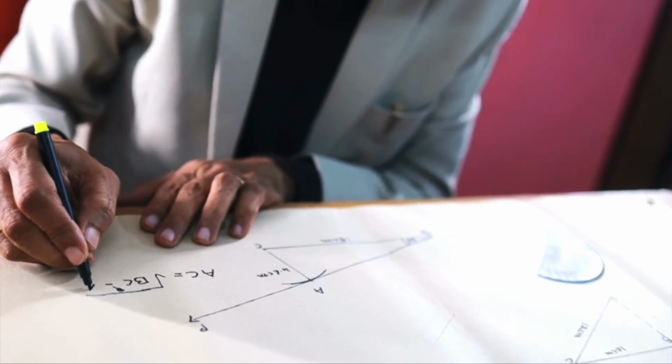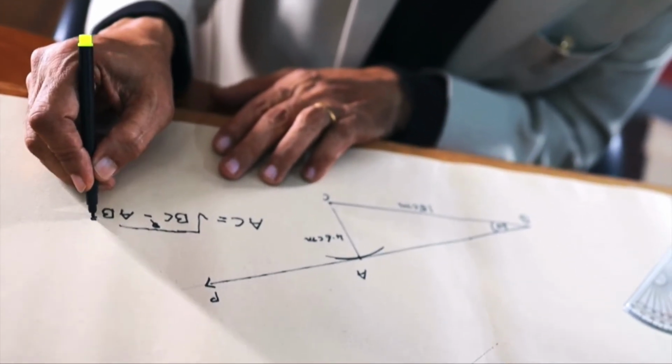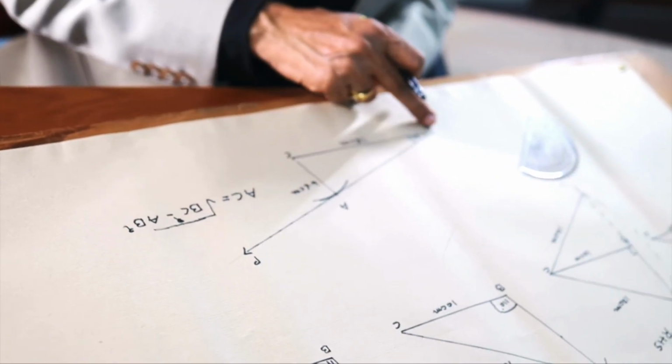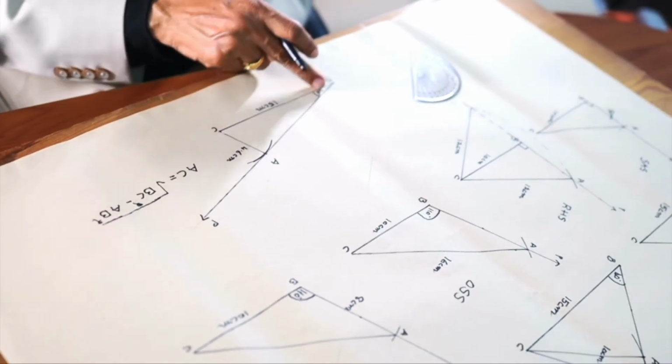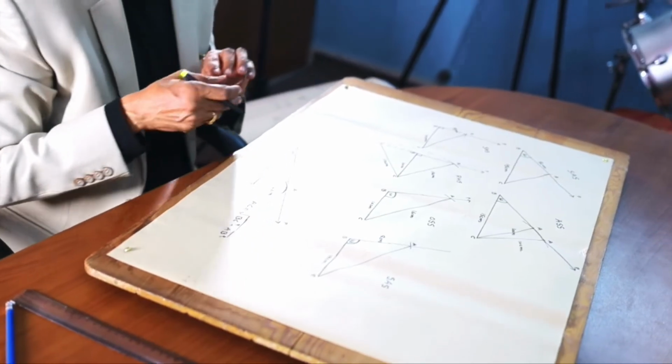You can see very clearly now. If the length of this is equal to the square root of BC square minus AB square, in such a case, we are going to get one and only one triangle.